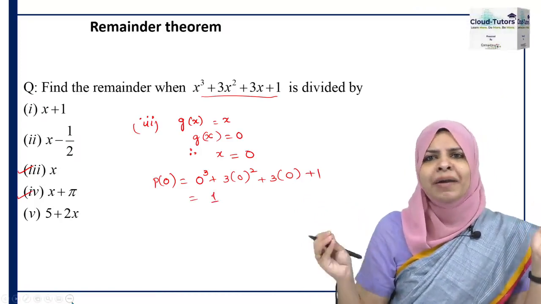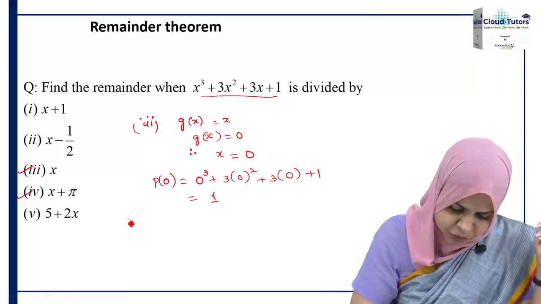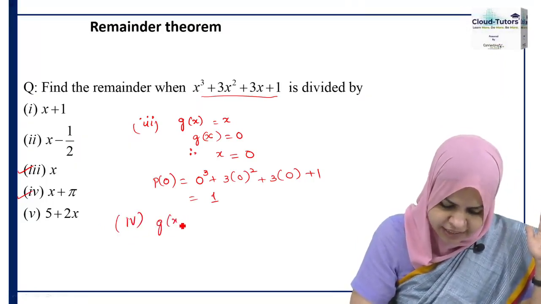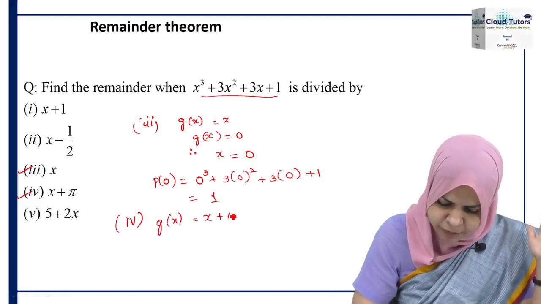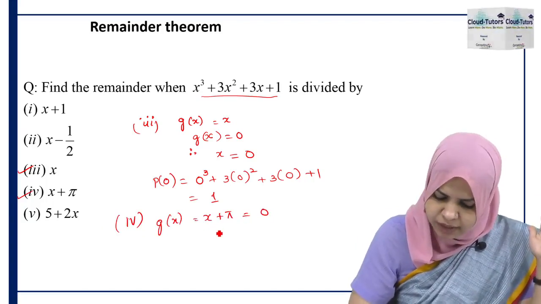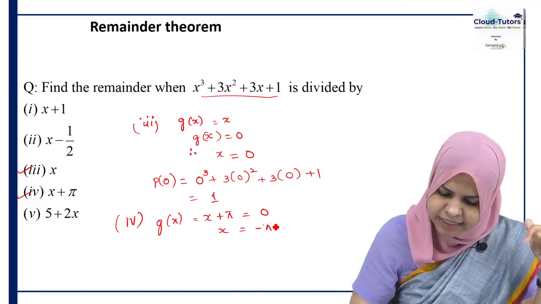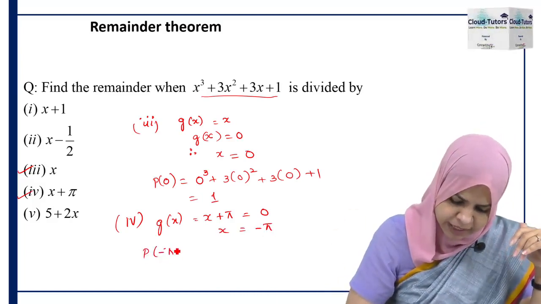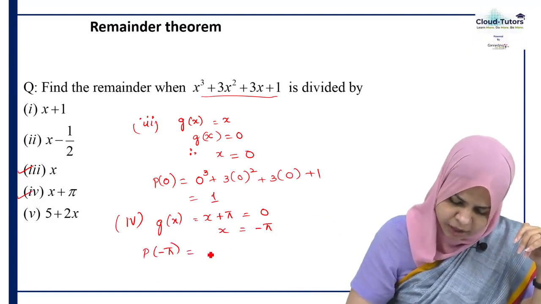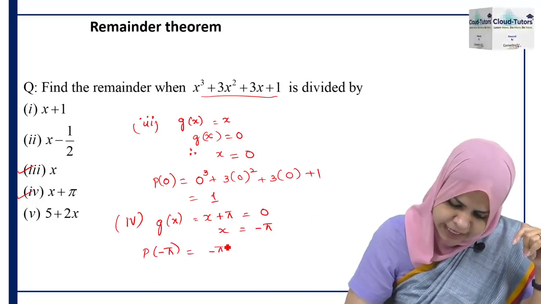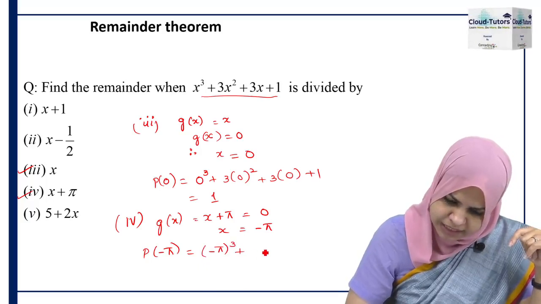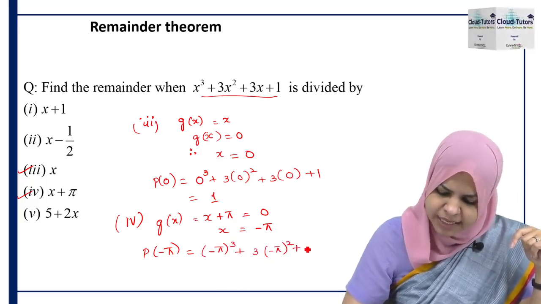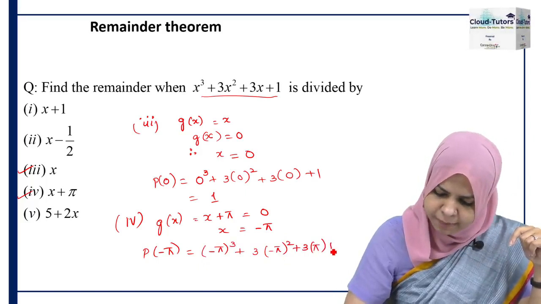All thanks to our remainder theorem. Now let's take up the fourth one. g of x is equal to x plus pi, I'll equate this to 0, that is, x becomes minus pi. Now substitute this in the polynomial. P of minus pi is equal to minus pi whole cube plus 3 into minus pi whole square plus 3 into minus pi plus 1.